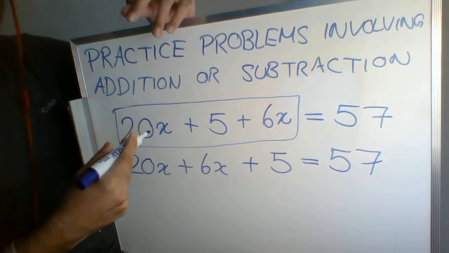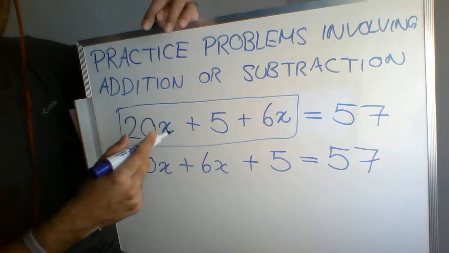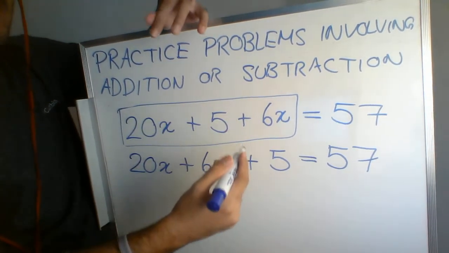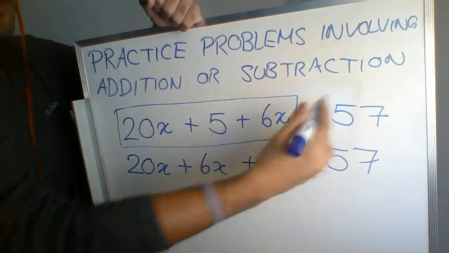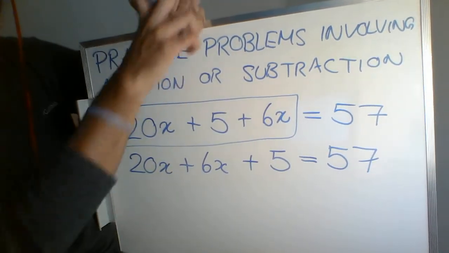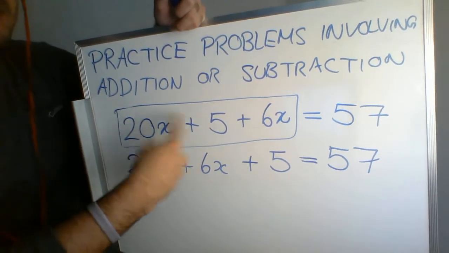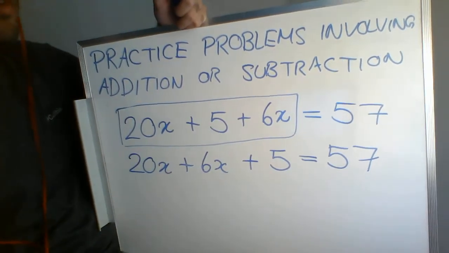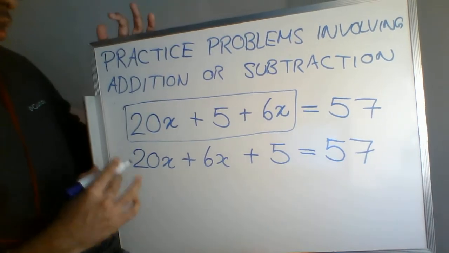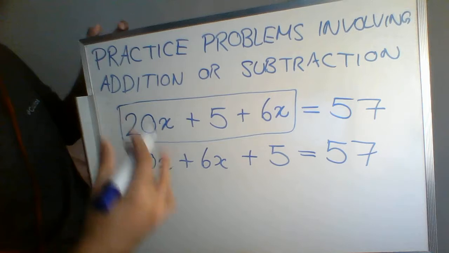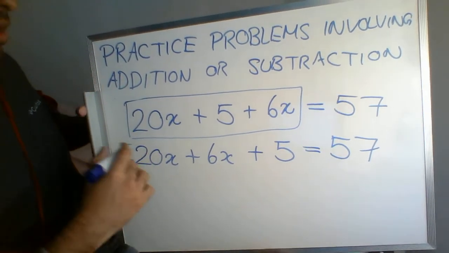What value of x must be put in place of the letter x here? 20 times what plus 5 plus 6 times what is going to equal 57. That's the question we're trying to figure out: what is that magic number x that makes this entire thing equal to 57? So we haven't really tackled that problem yet. All we've done is rearrange the setup a little bit.